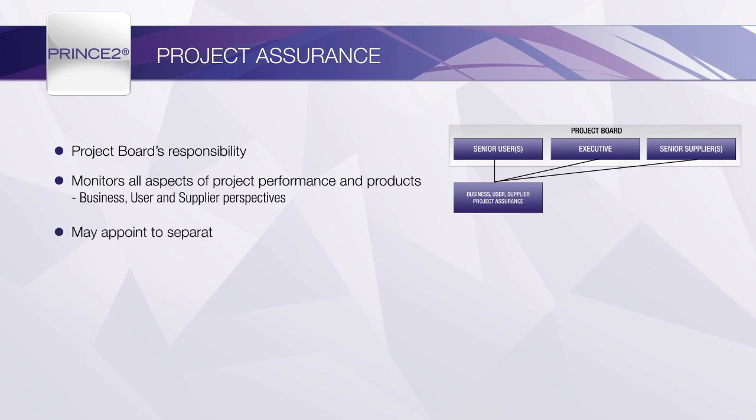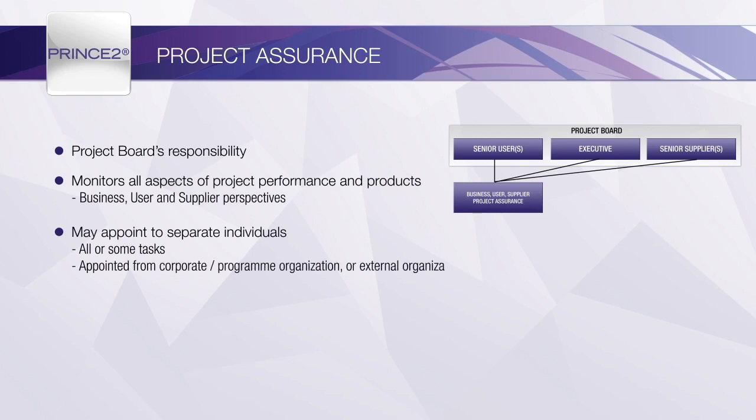Project board members may choose to either carry out project assurance personally or delegate the actual day-to-day work to one or more nominees. Either option is acceptable, provided the choice is sensible and right for the organisation and project. The accountability for project assurance, however, will always rest with each project board member, and this cannot be delegated.